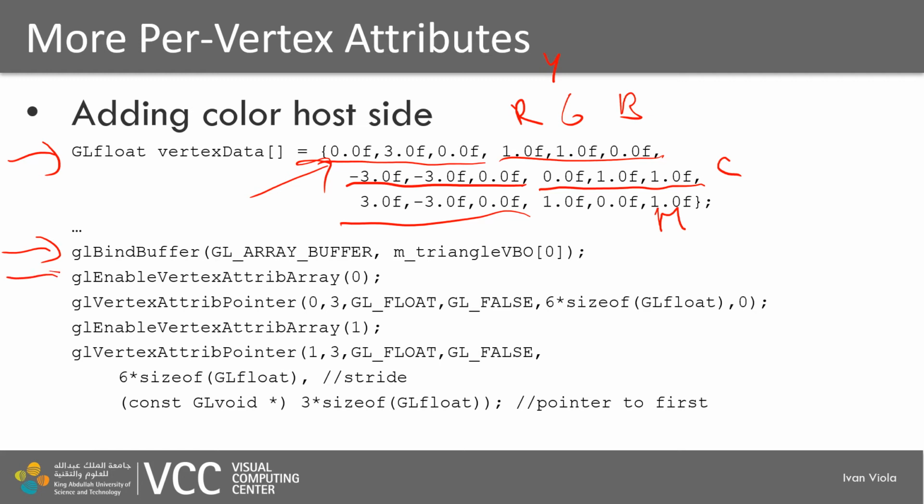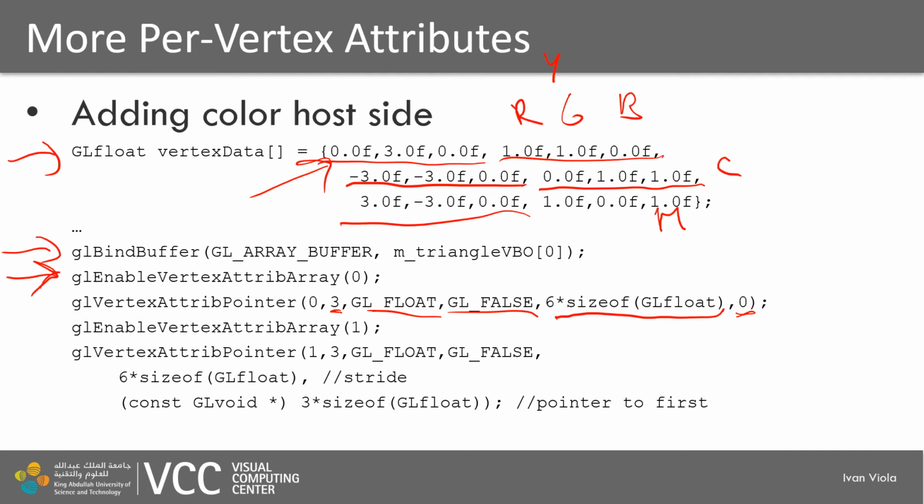So we will put into our location 0 the positions, and you can see here that there are three positions of float, and we don't want to normalize, and it starts at the 0 position, the first position, and the stride. So how many elements do I need to jump over to get to the next set of positions is 6 times size of GLfloat.